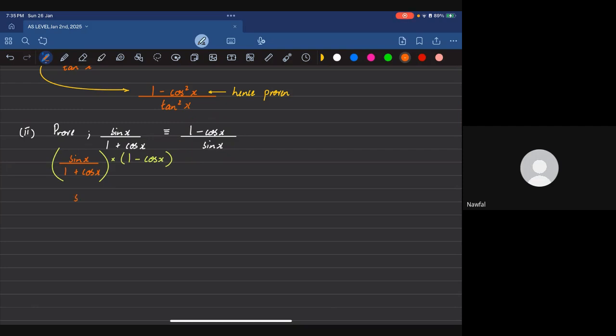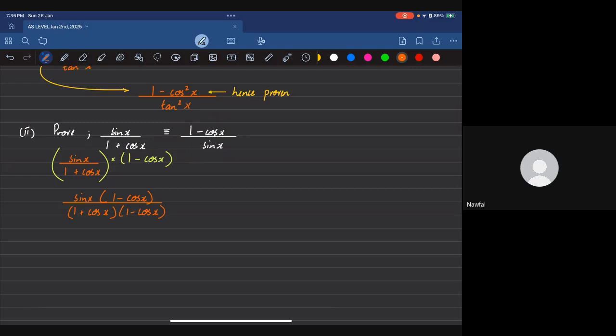And because I multiplied the entire equation with this, now what would I get? I'm going to get sine x times 1 minus cos x over 1 plus cos x and 1 minus cos x. All right. Now what's going to be the case?